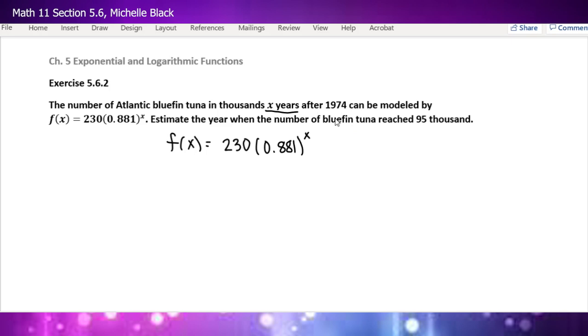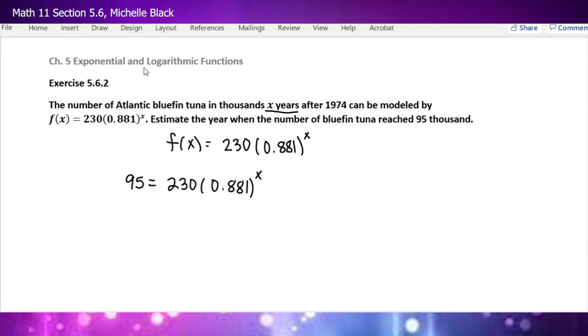So we're trying to solve kind of for x here. And we're told that for whatever that x value is, this will be equal to 95,000. So I can think of this as 95 equals 230 times 0.881 to power x.